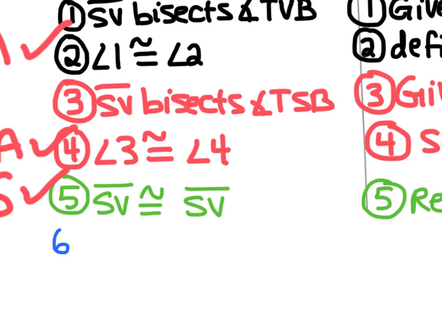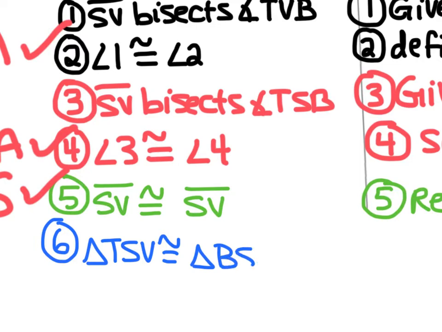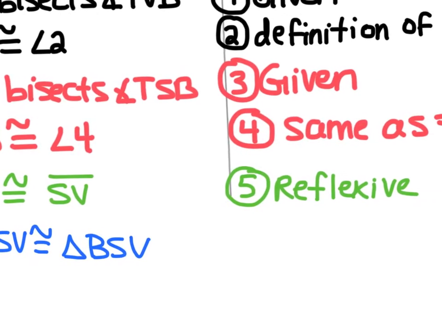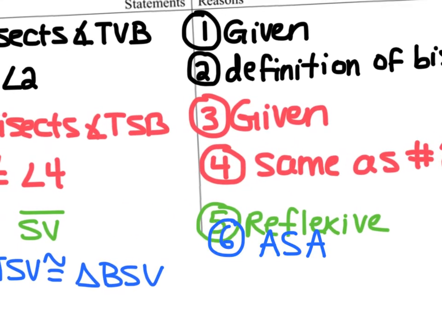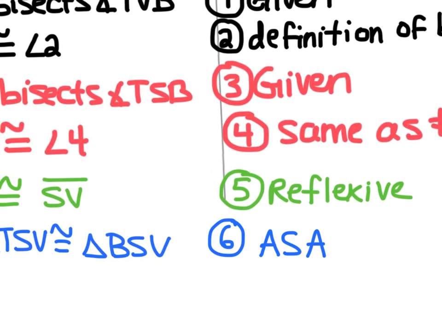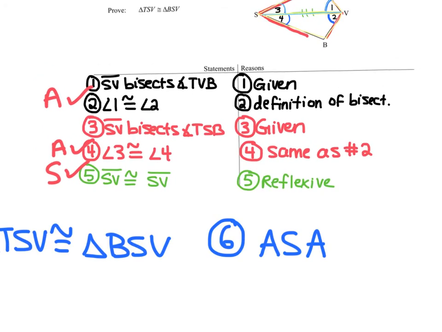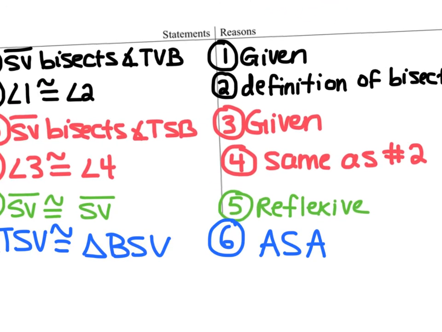Okay. Triangle TSV congruent to triangle BSV. And my reason: angle, side, angle. And what were our steps? 2, 4, and 5.